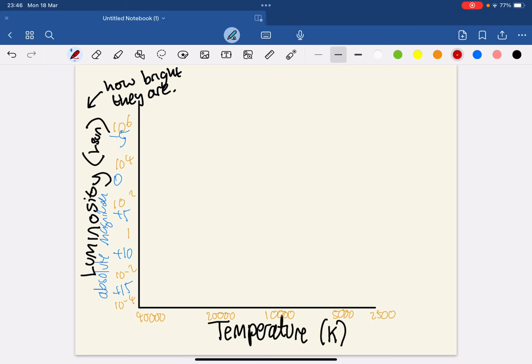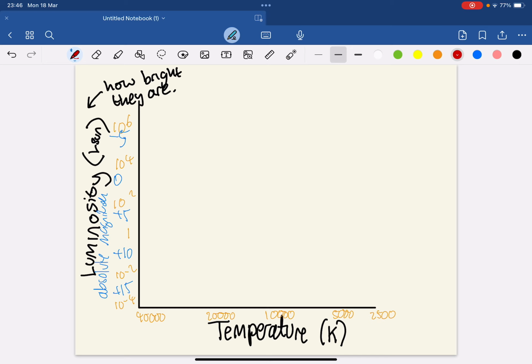And you'll see a diagram like this, either of what's in orange here or in blue. We can look at the luminosity here, and that's really how bright they are, or looking at the absolute magnitude. So the luminosity we can see here is in a logarithmic scale, and it's in orange, and we've got the absolute magnitude here that's in the blue.